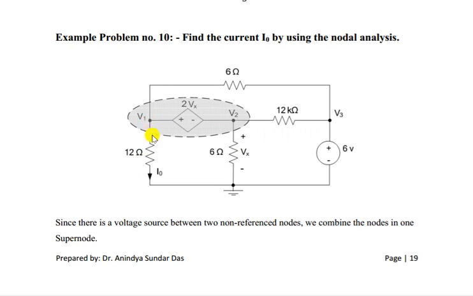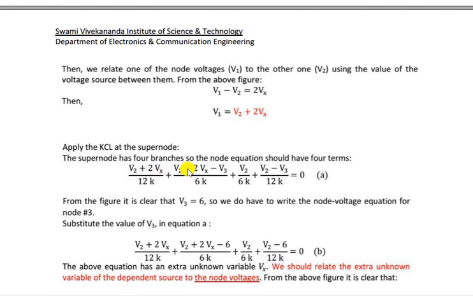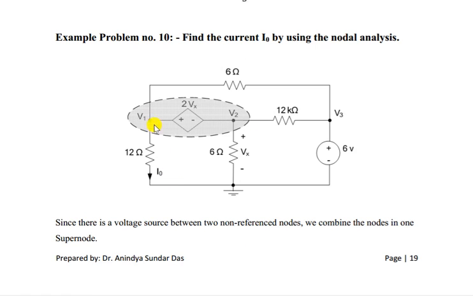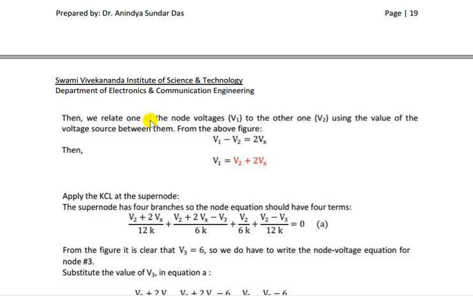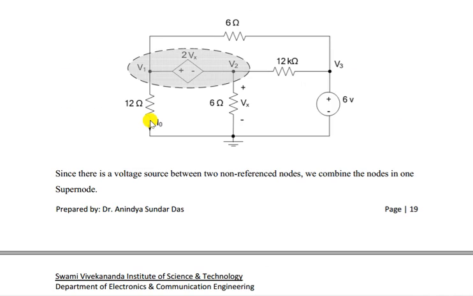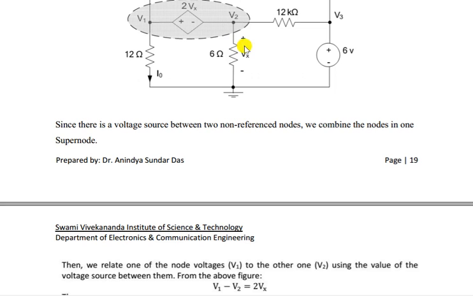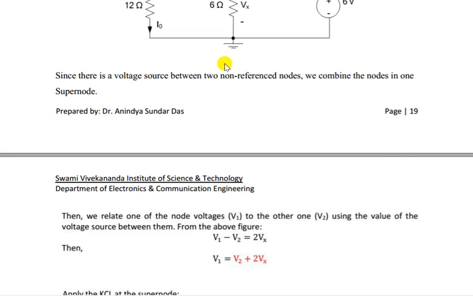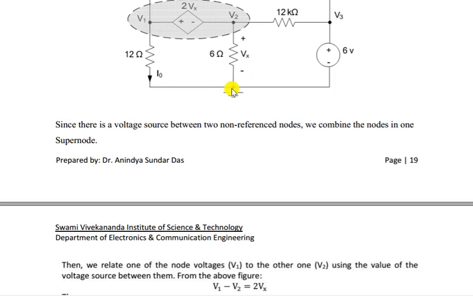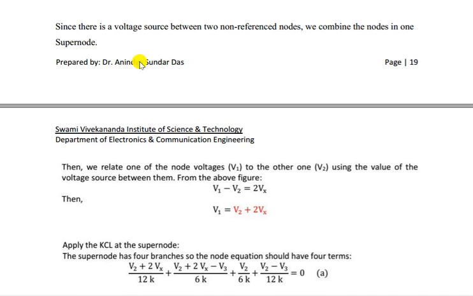So what we can write: V1 minus 0 divided by 12. Now what is the value of V1? That is V2 plus 2Vx.